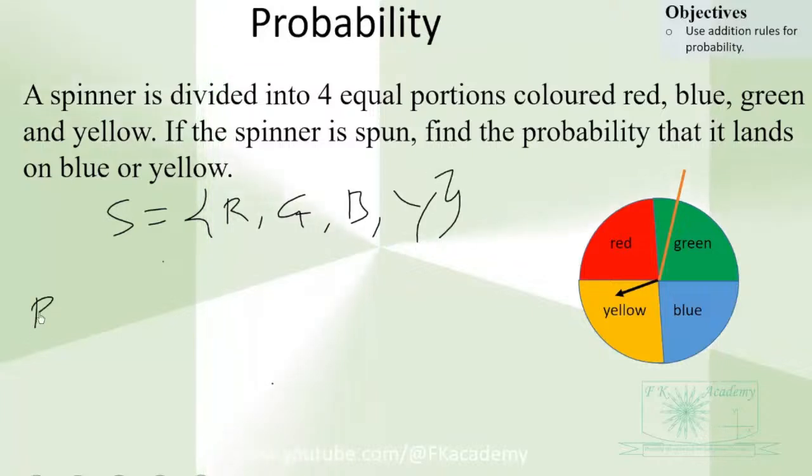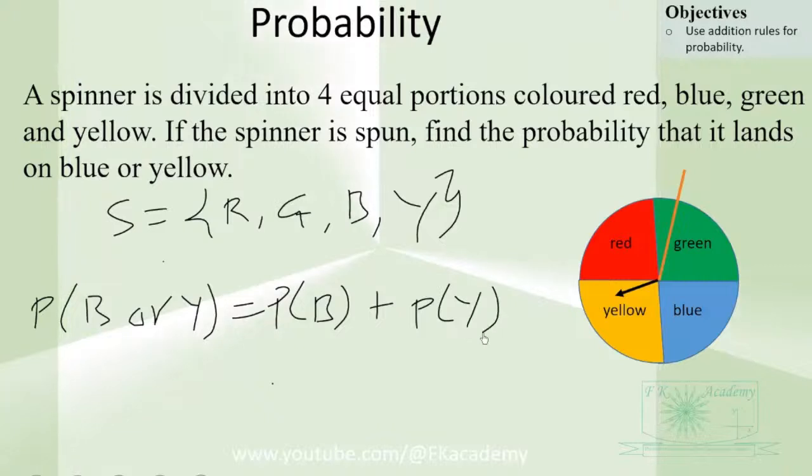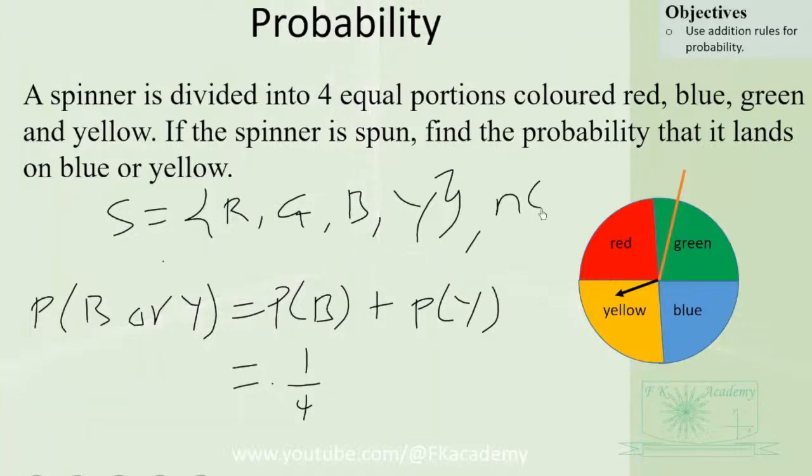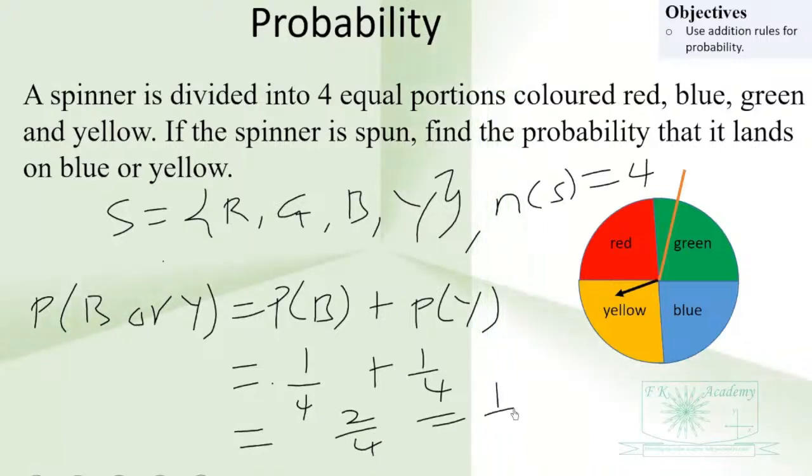So probability of blue or yellow will be equal to probability of blue plus probability of yellow. Probability of blue is 1 over 4 because the number of elements in this sample space is 4. And probability of yellow is also 1 out of 4. That will give us 2 out of 4, which is equal to 1 over 2.